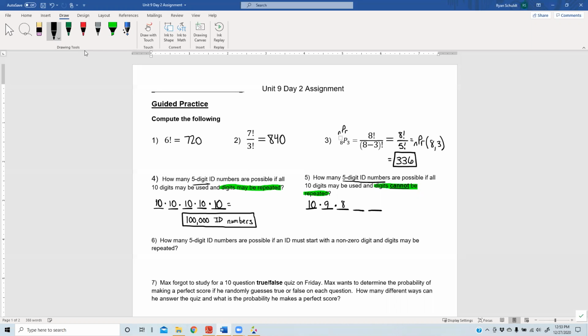And then 8, then 7, and then 6. So we're counting down. Multiply all these together and you get 30,240 ID numbers. Notice how much we drop when we just slap the restriction on there that you can't repeat. We lose almost 70,000 numbers.